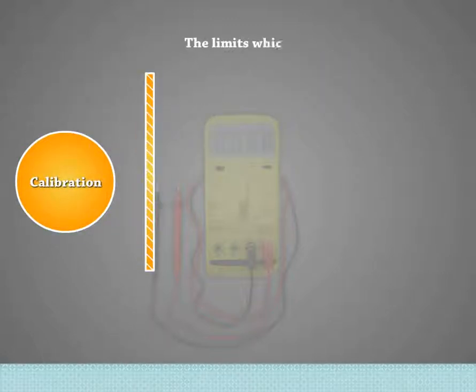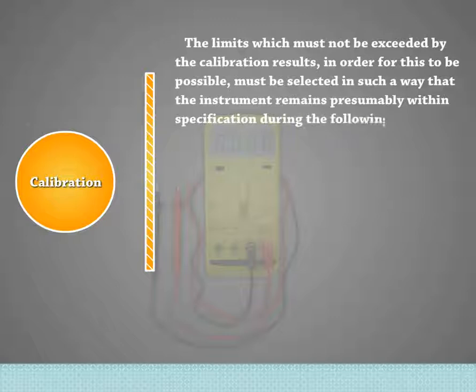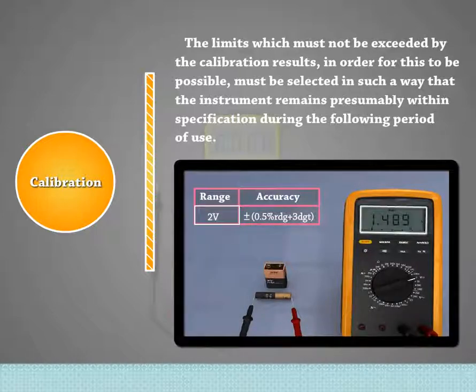Calibration. The limits which must not be exceeded by the calibration results in order for this to be possible must be selected in such a way that the instrument remains presumably within specification during the following period of use.